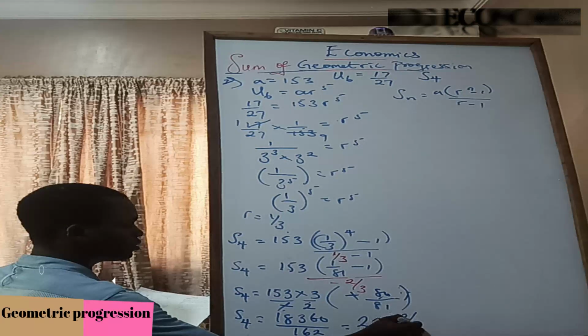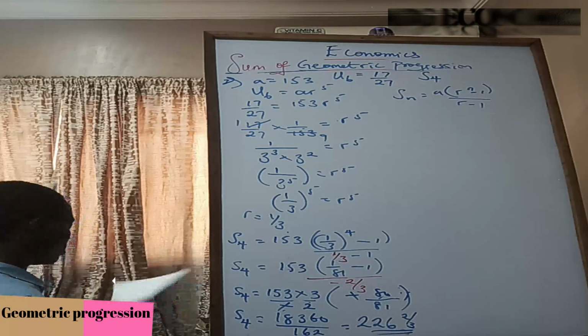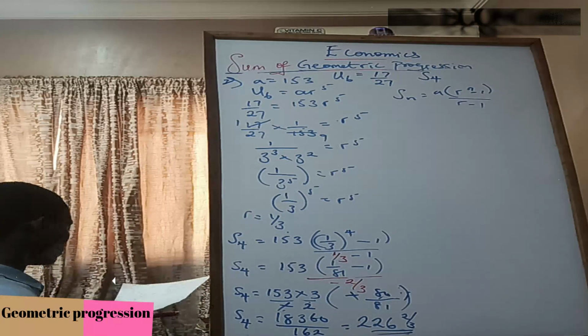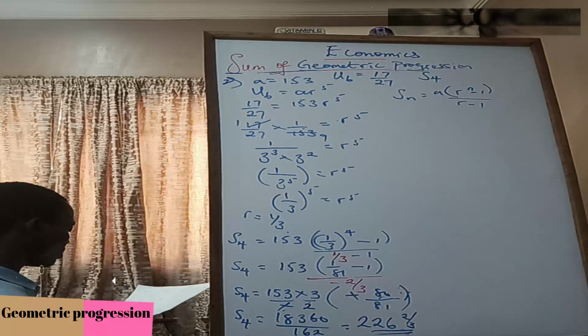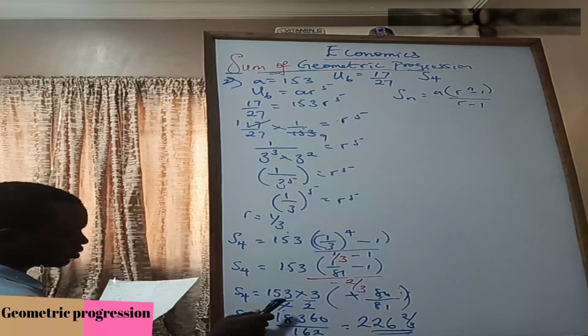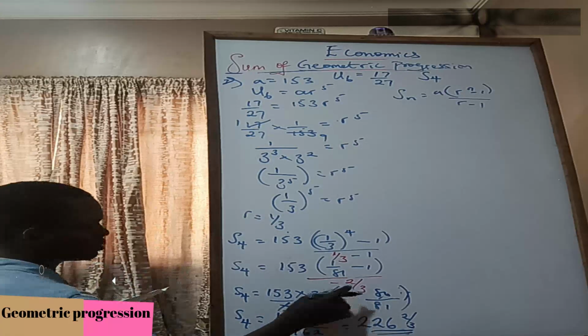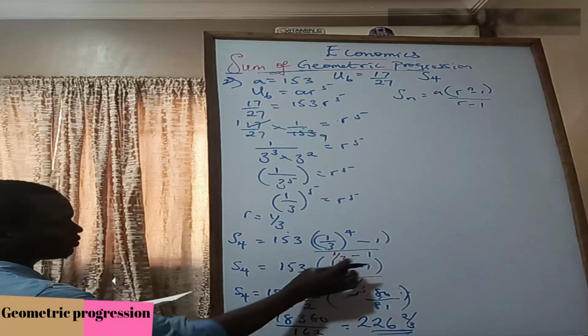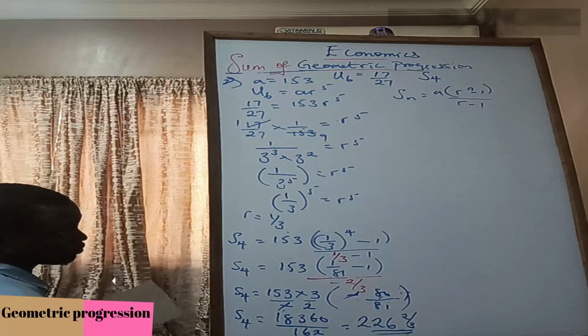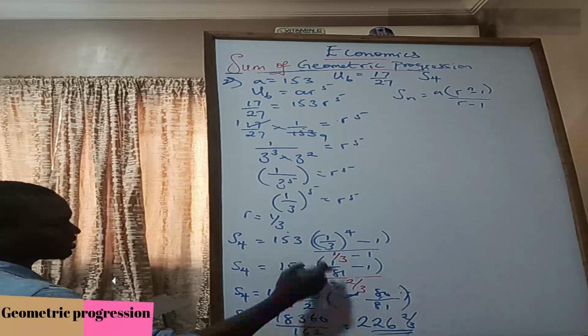So just use your calculator to solve it out. So 226, 2260 number, then 2 over 3. So the minus already cancelled the minus here. And you can also get a decimal if you like, but it's kind of easy this way.